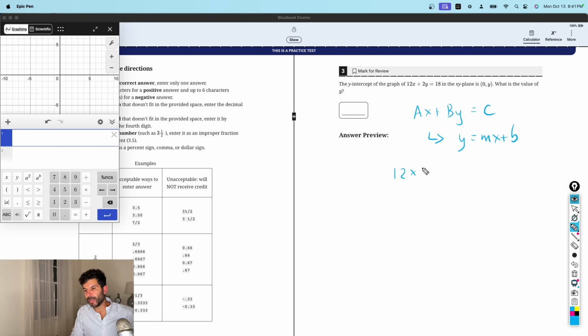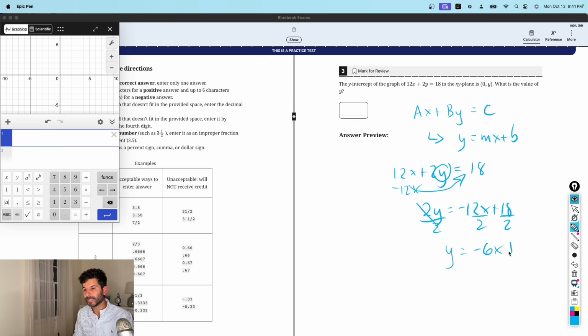We're going to move things, kind of like what we did in the first module where we tried to isolate a variable. We want y by itself, so move what's furthest away. So get this guy over here. We're going to do that by minusing it over. We get 2y equals negative 12x plus 18. Divide by 2, divide by 2, divide by 2. And we get y is equal to negative 6x plus 9.